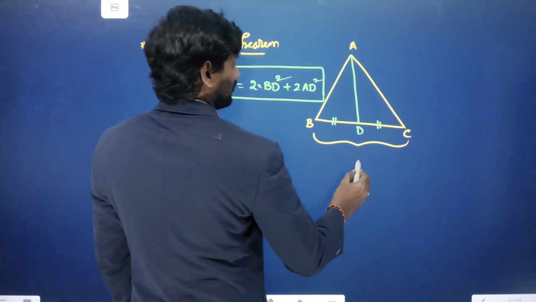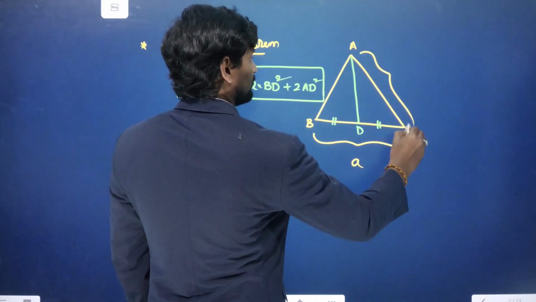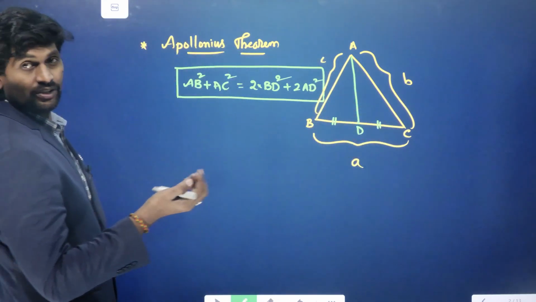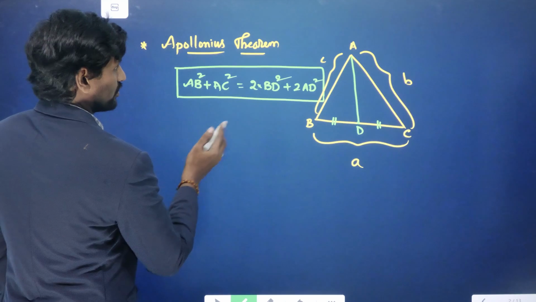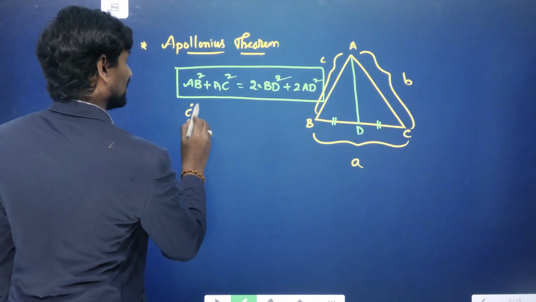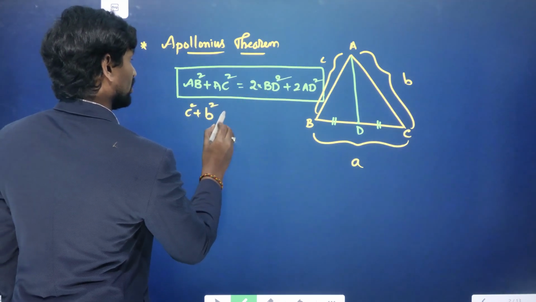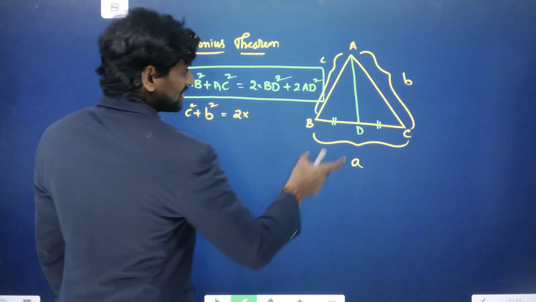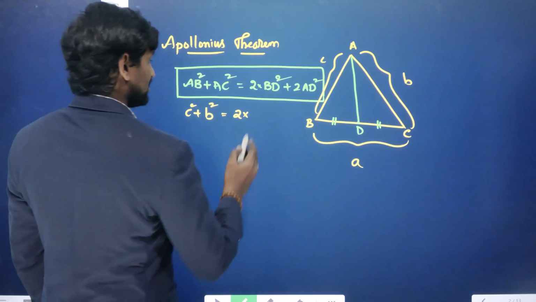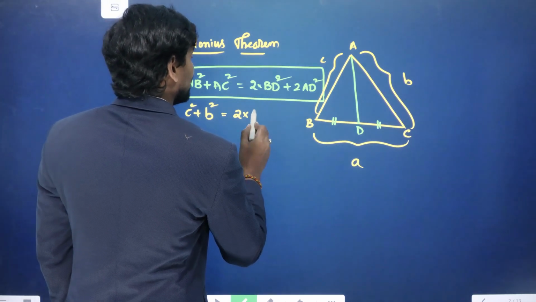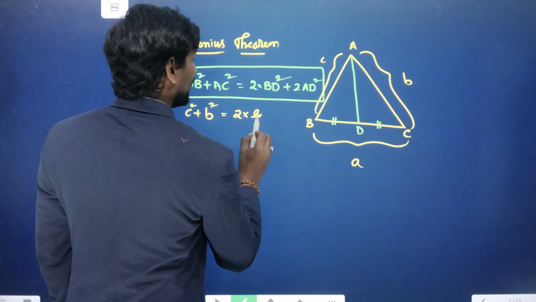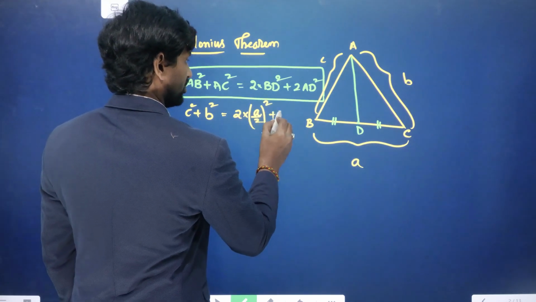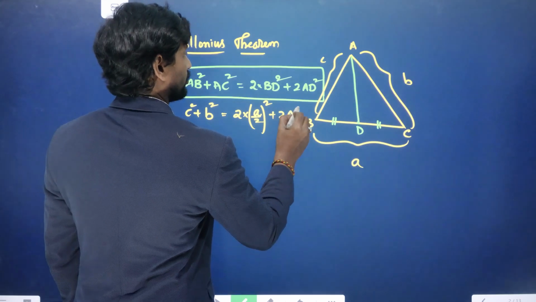Now this side is A, this is B and this side is C. So from this, let us try to convert into these terms. AB square is nothing but C square, AC square means B square, equals 2 into BD, and BD is nothing but half of BC, so I can take BD as A by 2, whole square, plus 2 times AD square.